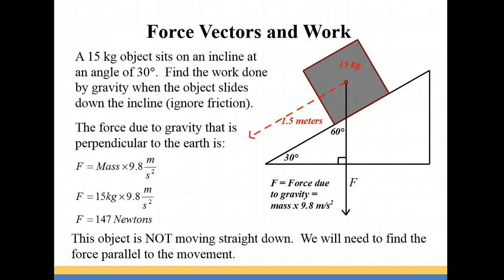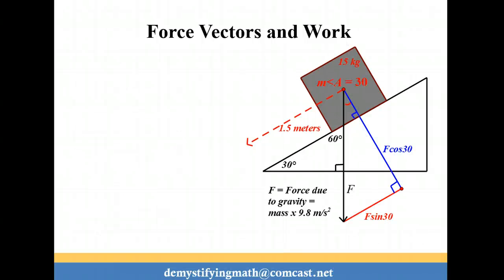So what we need to do is find the force that's parallel to the movement, or parallel to the incline. In order to do that, we have to take a closer look at our diagram. I drew another vector that is perpendicular to the incline, that's this blue line here. And when I did that, I created a little right triangle.